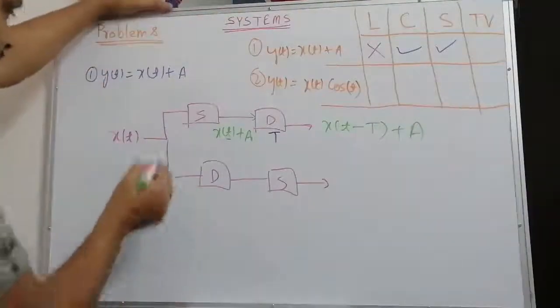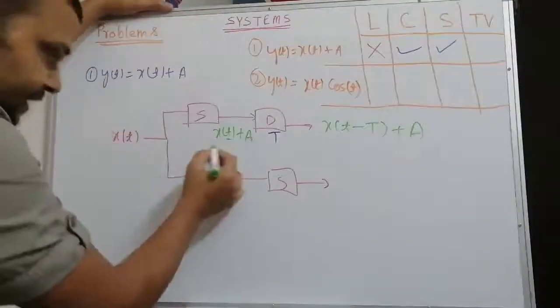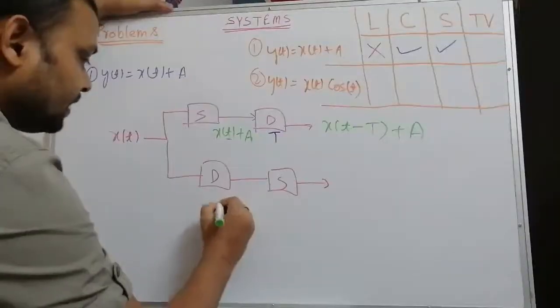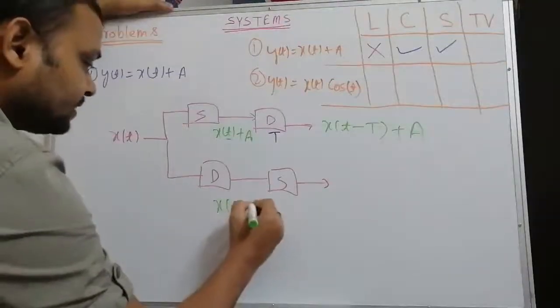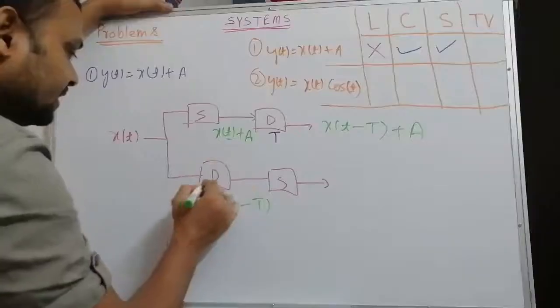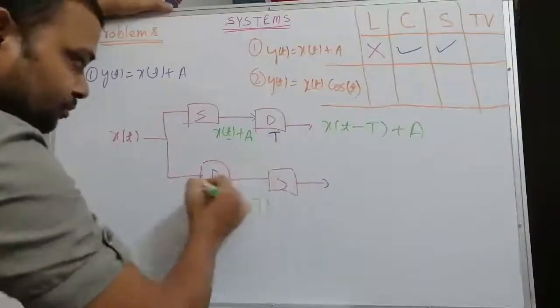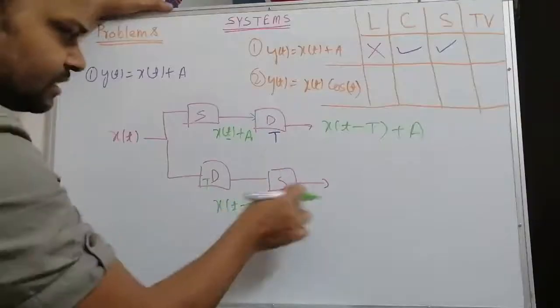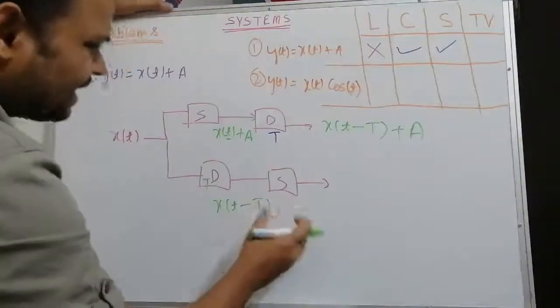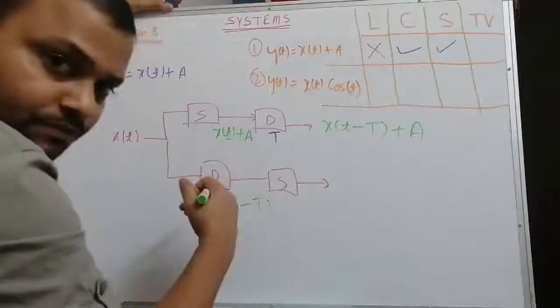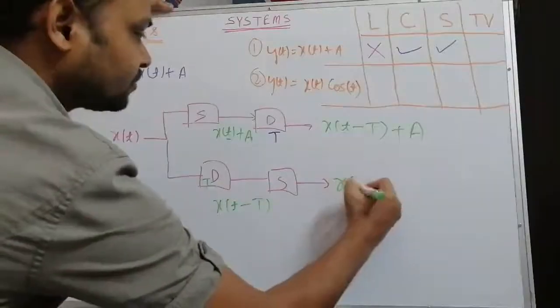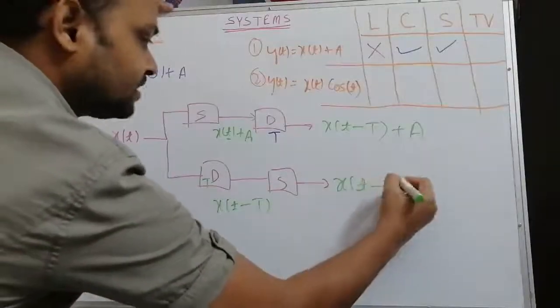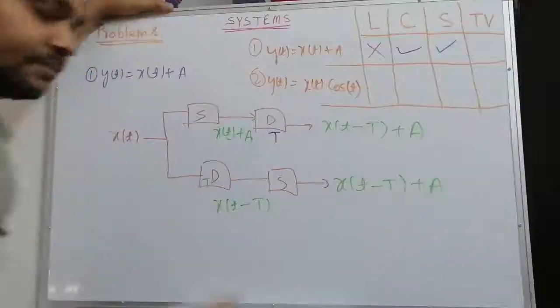Next, for x of t, we provide the delay first, so we get x of t minus capital T, because the delay is the same capital T on both sides. Now the system is just adding a to the input, so the output will be x of t minus capital T plus a.